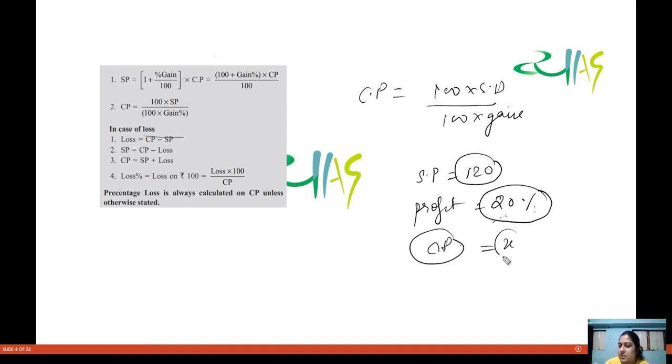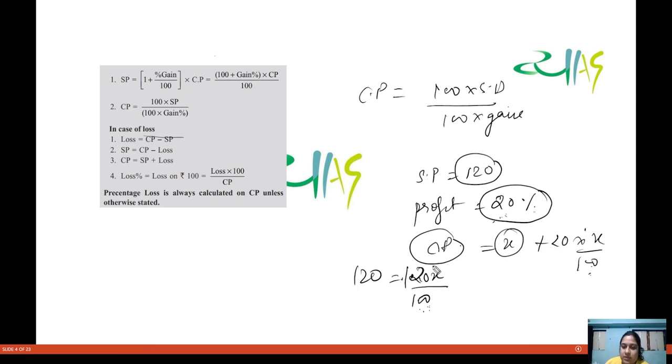So if I assume cost price is equal to X, then 20 into X by 100 we are having. So this is equal to selling price 120. So what this is saying, 1.2X or 120 by 100 into X.